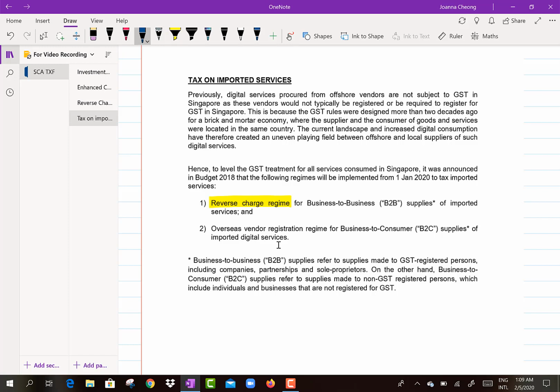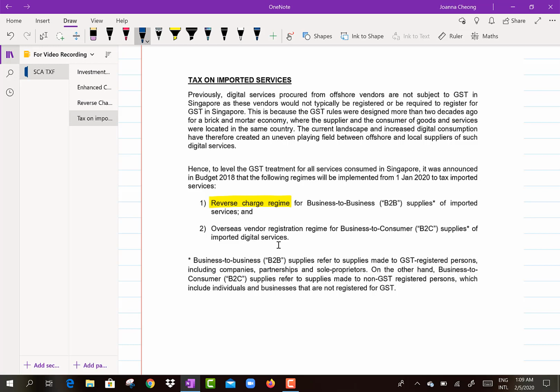So as you know, from 1st of January 2020, there is actually tax on imported services in Singapore. Before that, if you were to procure any digital services from an overseas supplier, there would not be any GST. But from 1st of January 2020, there will be GST imposed on some of the digital services that we buy from overseas suppliers.